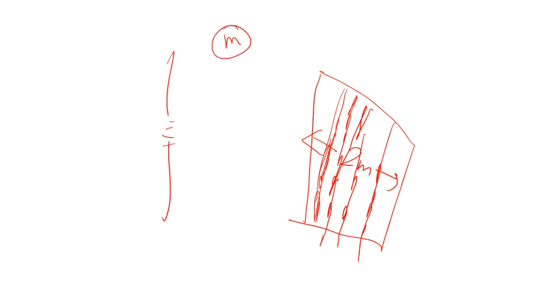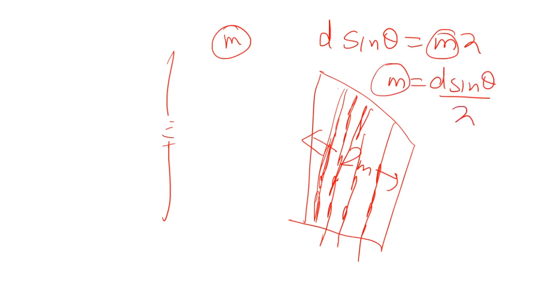We know that d sin theta is equal to m lambda. Here m is the order, so m is equal to d sin theta divided by lambda. We'll round this m and calculate our answer. What is m? It is the highest order possible. If this is the center, this theta is the maximum theta.